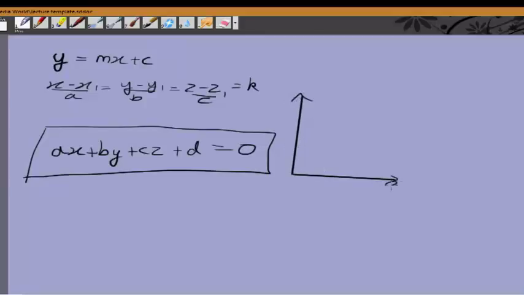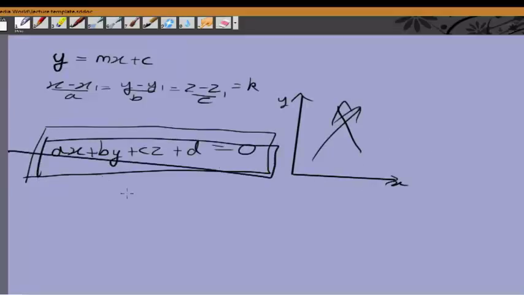So if this is x and this is y and this is z, which we won't draw, any line belonging in this plane would be a line in the xy plane. The equation for the xy plane with respect to this format would be z is equal to 0. Now, for z is equal to 0, you have an infinite collection of points.